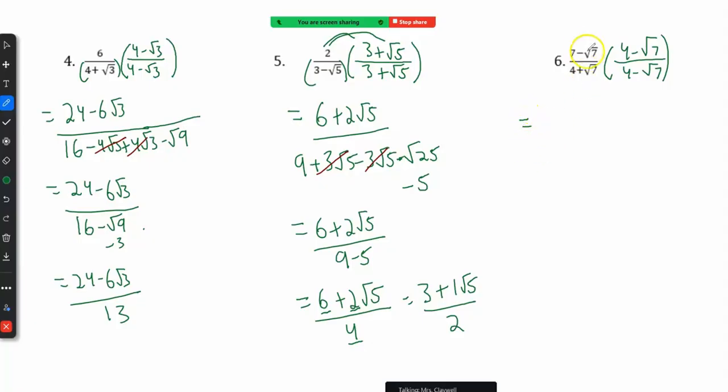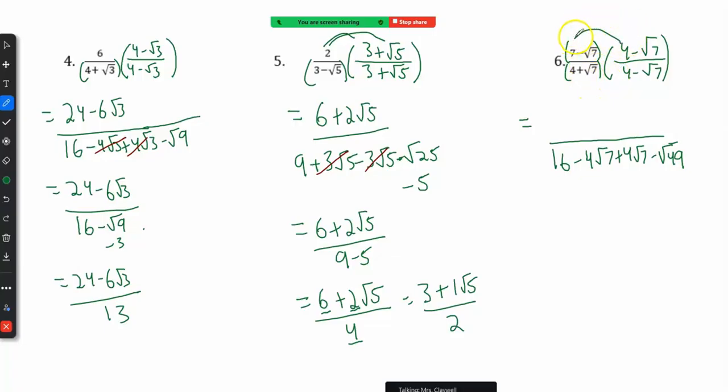My numerator and my denominator both have double distribution. I'm going to do my denominator first. If it's easier, you can just write minus 7 when you see the square roots are going to go away.